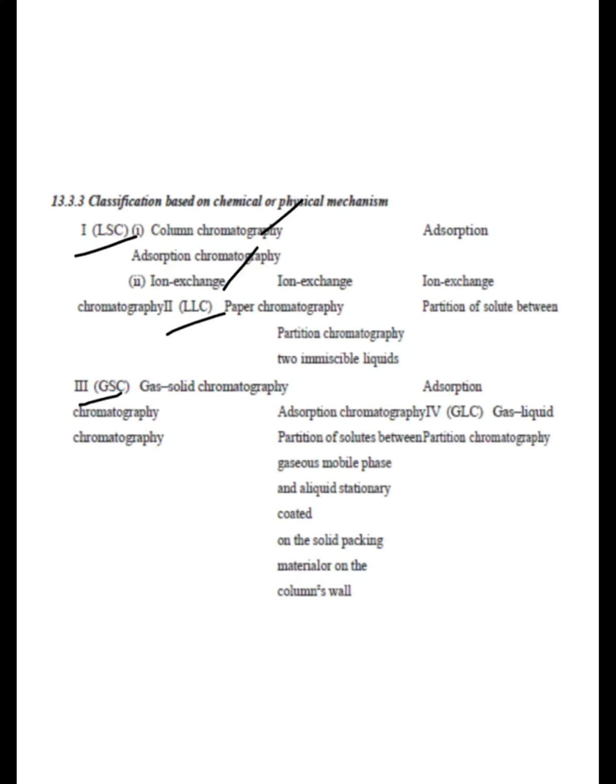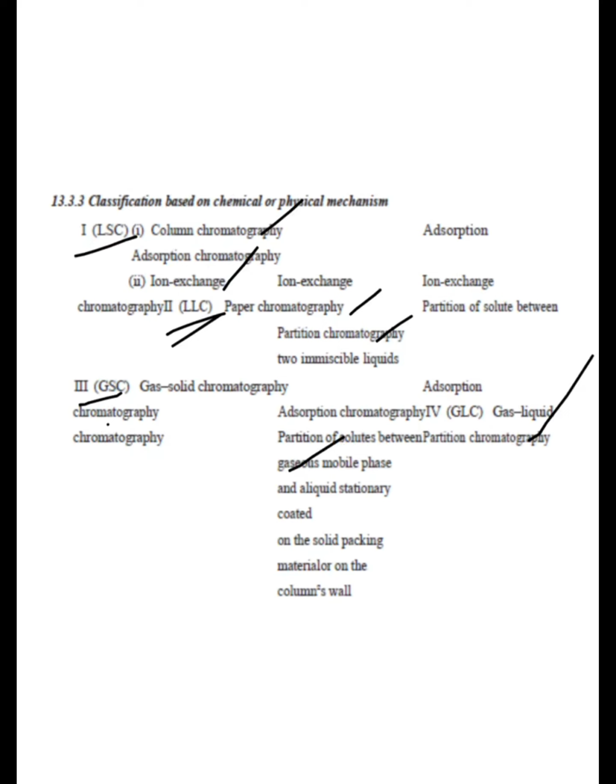In the liquid-liquid chromatography, paper chromatography and partition chromatography can be used, and further in the gas-solid chromatography, different types like adsorption chromatography, gas mobile phase chromatography, gas-liquid chromatography are used here. These are the types based on the stationary and mobile phase.